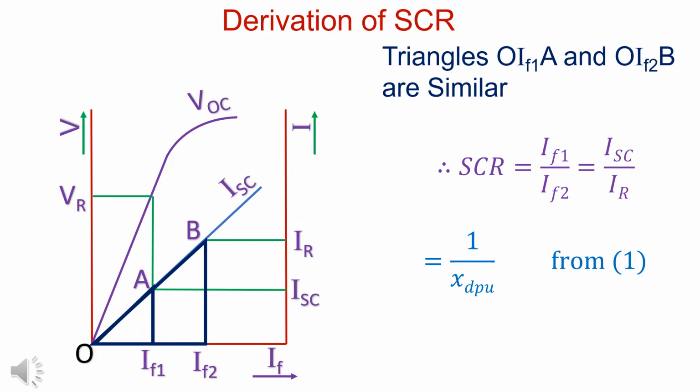Triangles OIF1A and OIF2B are similar. Therefore, SCR is equal to IF1 by IF2, which is equal to ISC by IR, which is equal to 1 by Xdpu.